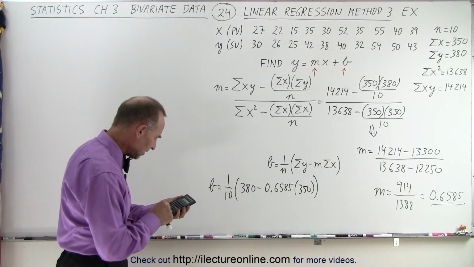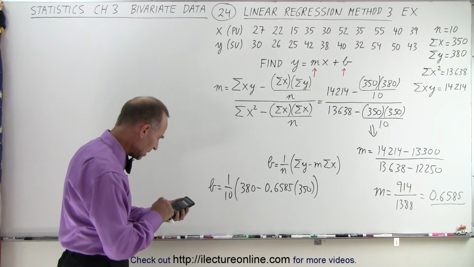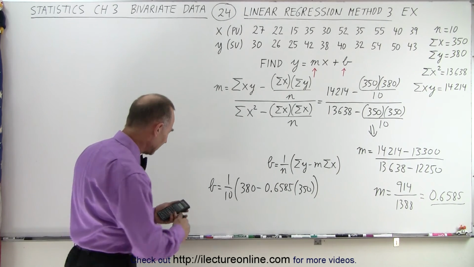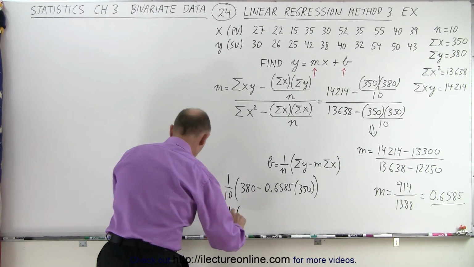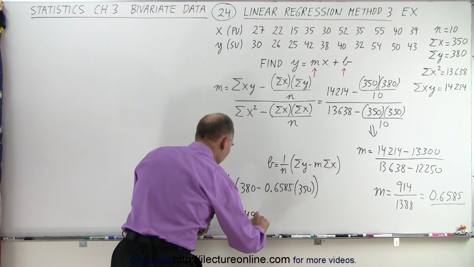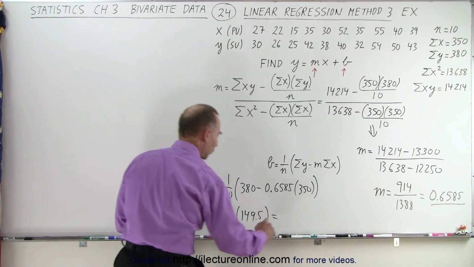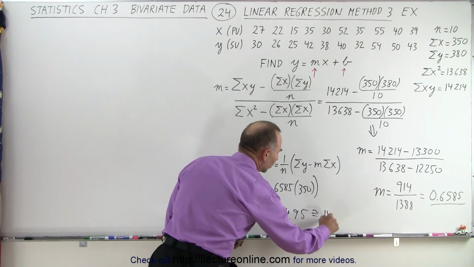So we get 350 times that, subtract that from 380, so B is equal to 1/10 of 149.5. So that's, of course, 14.95, which is about equal to 15.